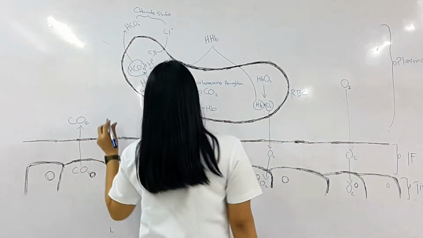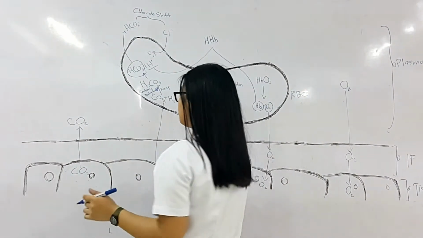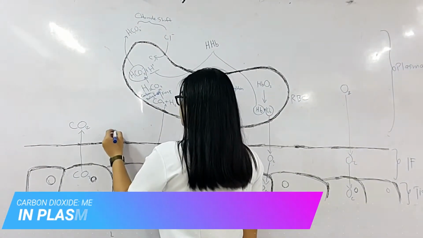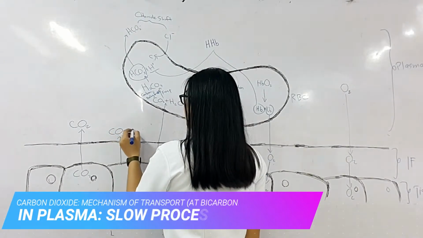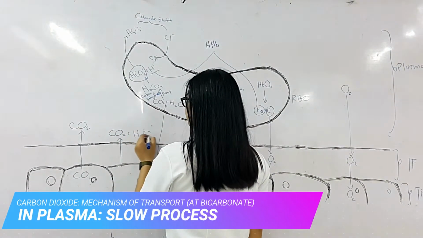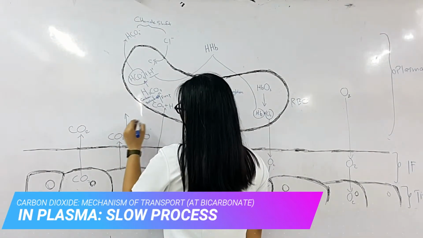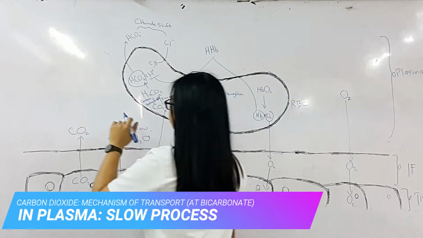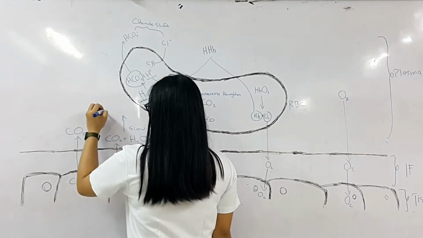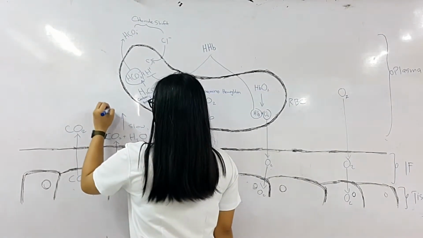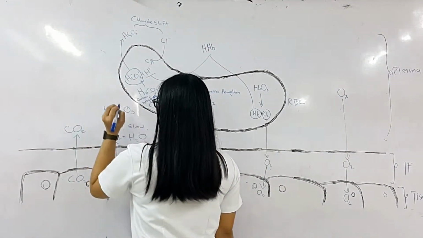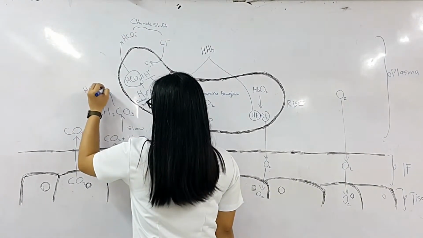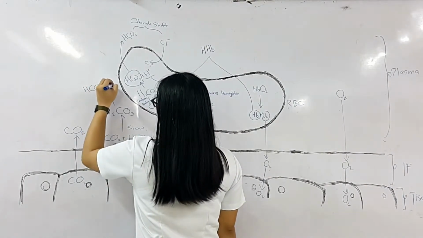Next, the second process of bicarbonate is through the plasma, wherein carbon dioxide will enter the plasma and react with water, wherein in a slow process, opposite of the one inside the red blood cell, it will convert into carbonic acid, which will then form bicarbonate and hydrogen ion.